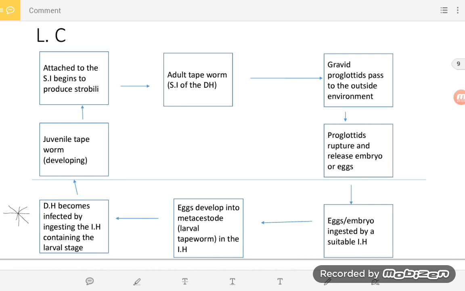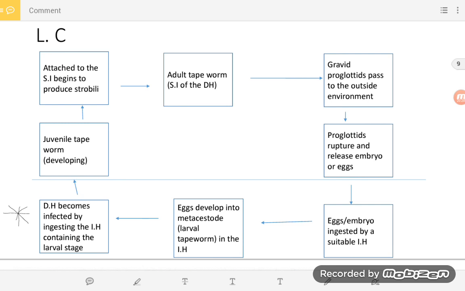Then it produces the strobili. These strobili, that means segments. These segments become immature segments, then mature segments, then gravid proglottids, right? So it is present inside the small intestine of the definitive host.